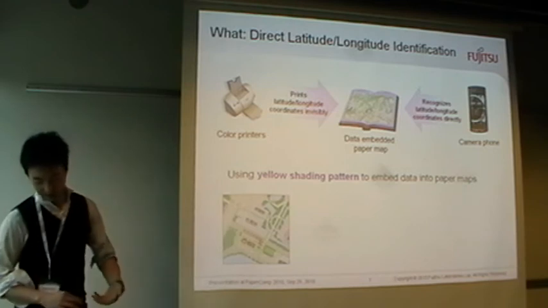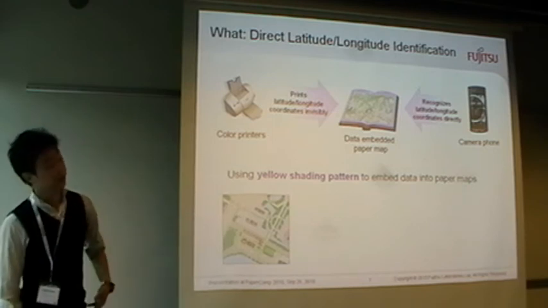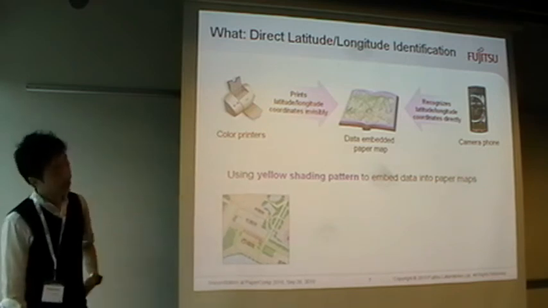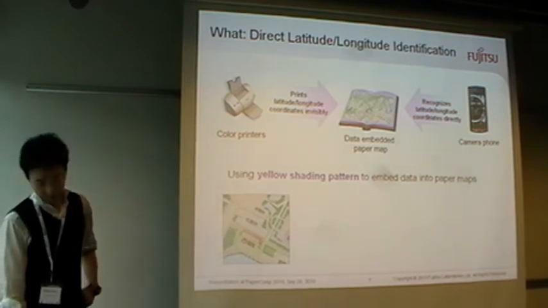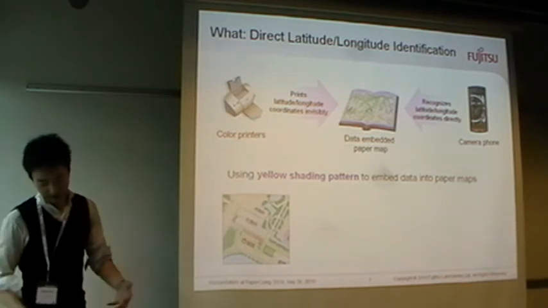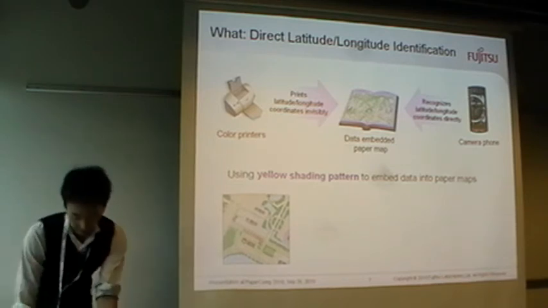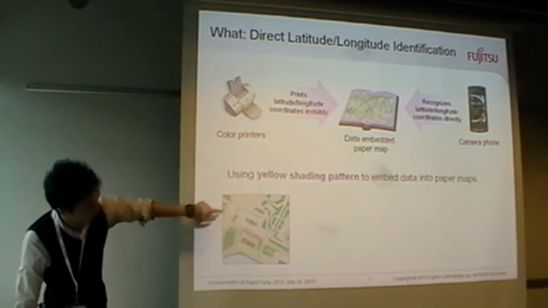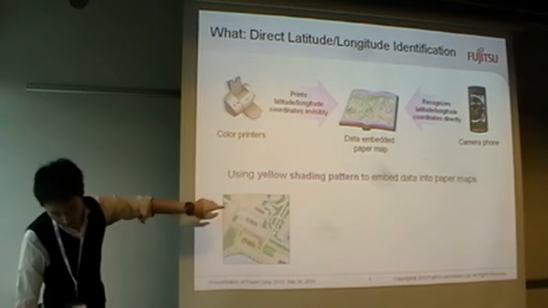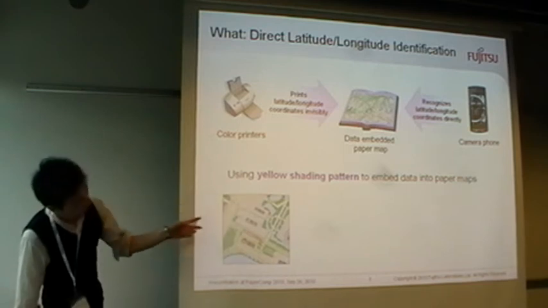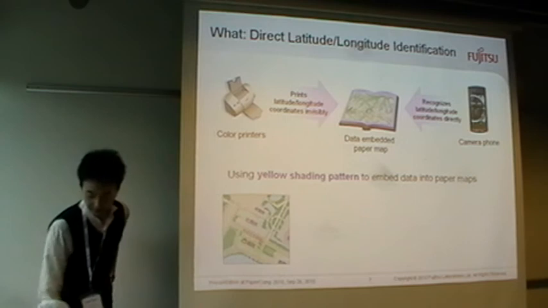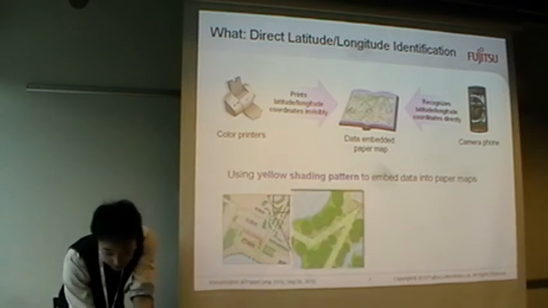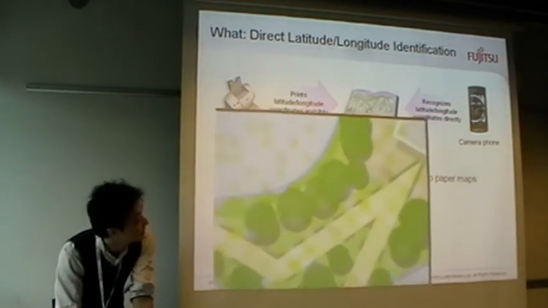This method uses the fact that the yellow shading pattern is hardly recognized by human eyes, but the camera phone can recognize it. And this is an image we use, and this map has a natural appearance, but you can see the yellow shading pattern in this zoomed-in image.